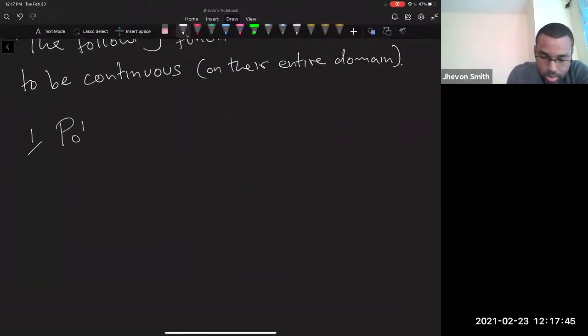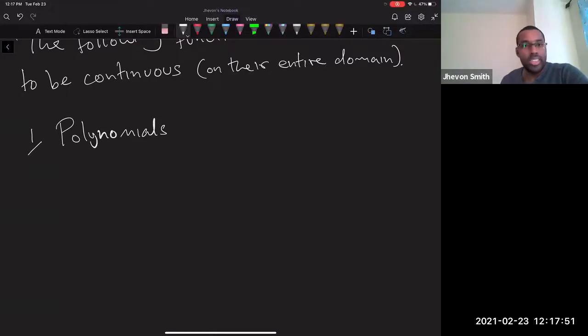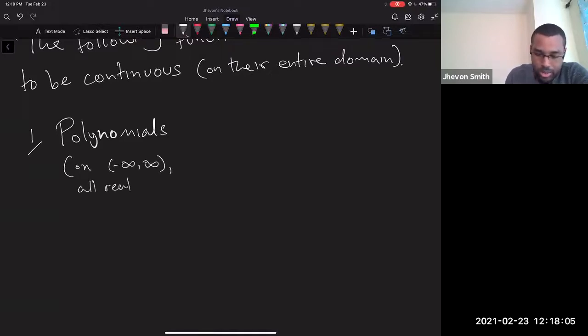Polynomials. If you're looking at a polynomial, it's continuous on its domain. The domain of all polynomials is all real numbers, so polynomials are continuous on negative infinity to infinity. That's one class of function.